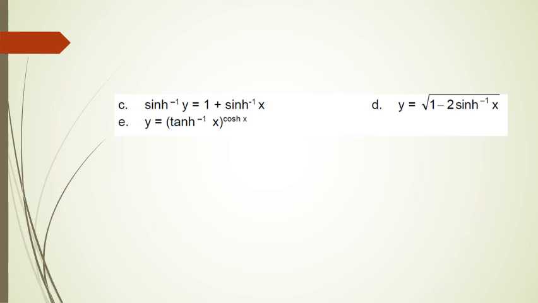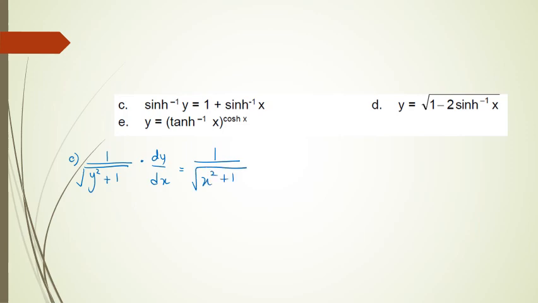Using the formula, differentiating sine hyperbolic inverse y becomes 1 over the square root of y square plus 1, times differentiating y, dy dx, equal to differentiating 1, which is 0, plus differentiating sine hyperbolic inverse x, which becomes 1 over the square root of x square plus 1.